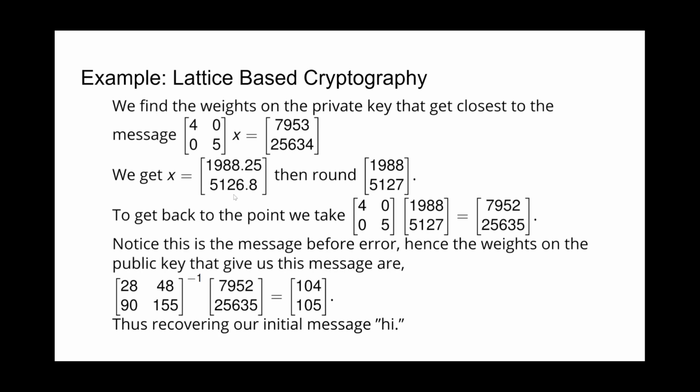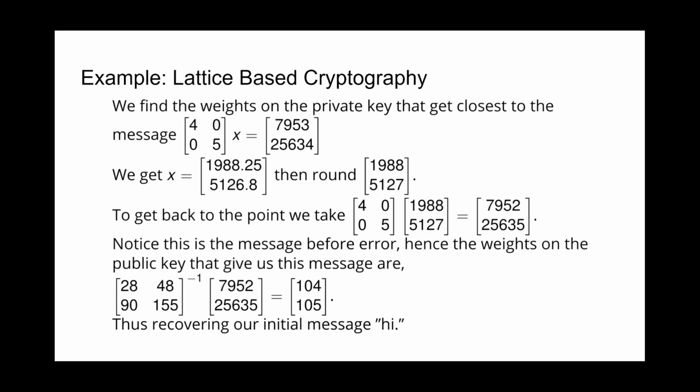And now to get it back on the lattice, we take those weights and round them to get 1988 and 5127, and now apply those back to our private key vectors to obtain 7952 and 25635, which you might notice is the original weighted message that we found using the public key.